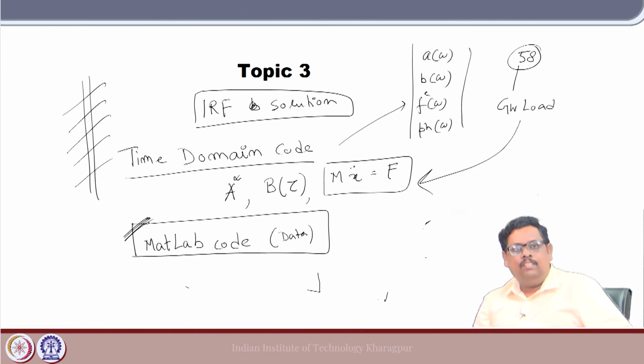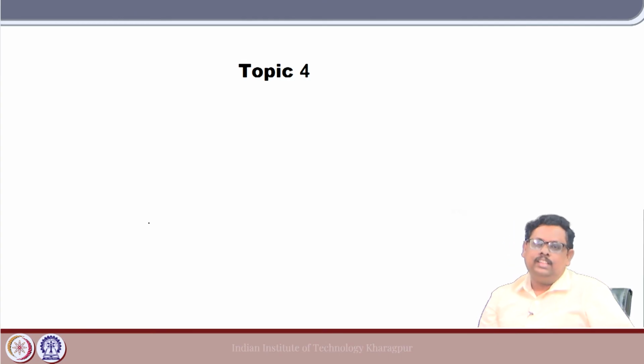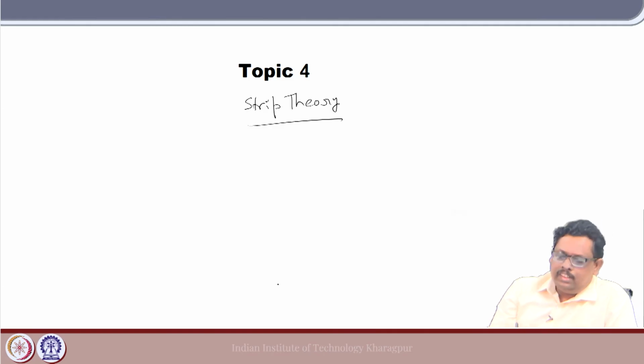Then we have topic 4. This topic 4 is the most difficult part, topic 4 and topic 5, like we have the strip theory. In the strip theory, we learn how we can convert a 2-dimensional problem into a 3-dimensional problem.